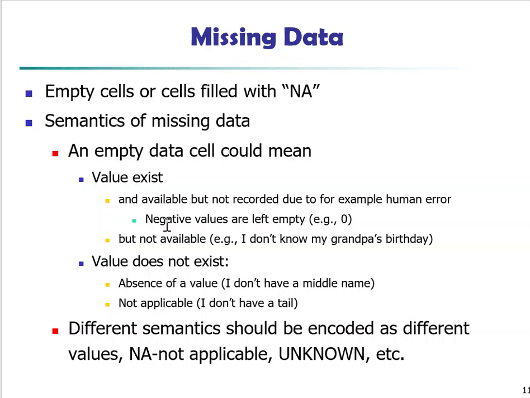I have seen some biology data differentiate those two, because certain features certainly don't apply. An invertebrate doesn't have a spine, right? In the majority of other cases that I see, all the missing values are represented by one single label, and that's problematic.